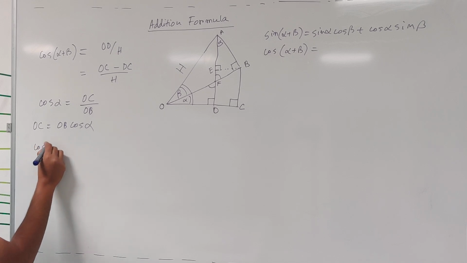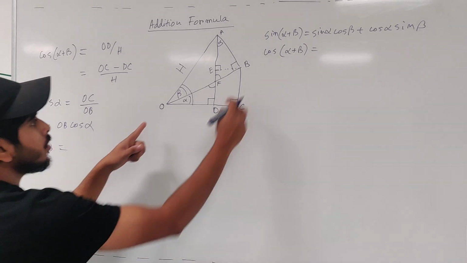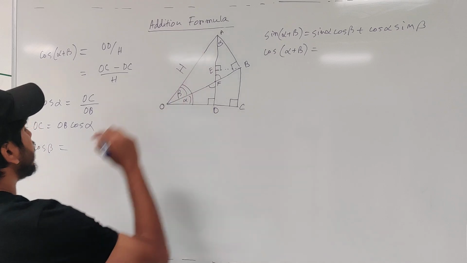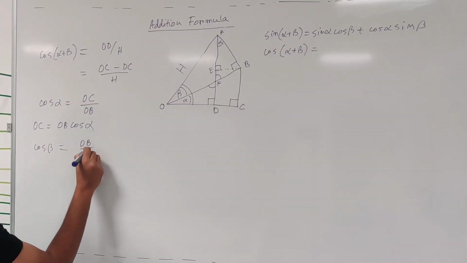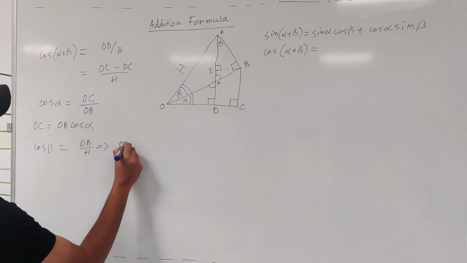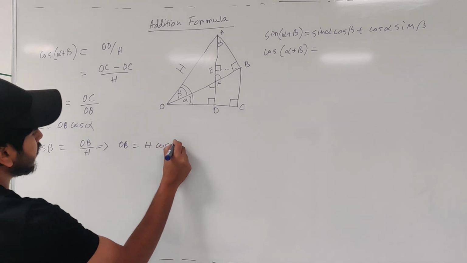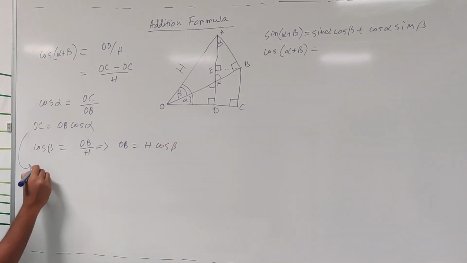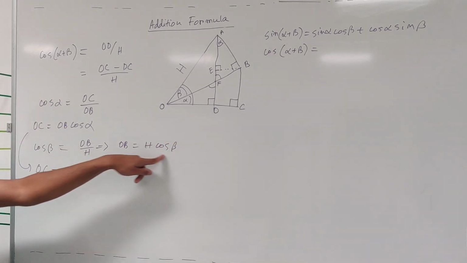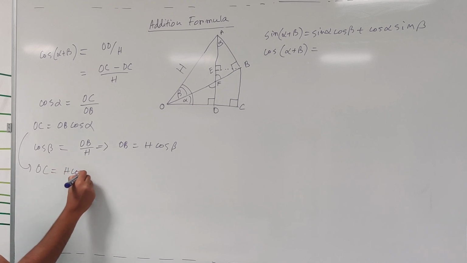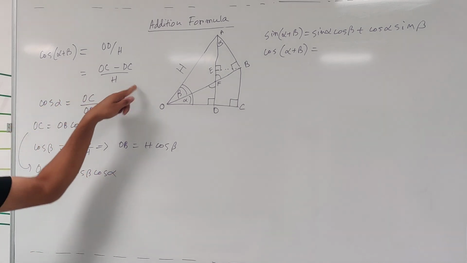Cos beta is OB over H, or OB equals H cos beta. So OC would be H cos beta cos alpha. One part is done. We have to find out DC now.